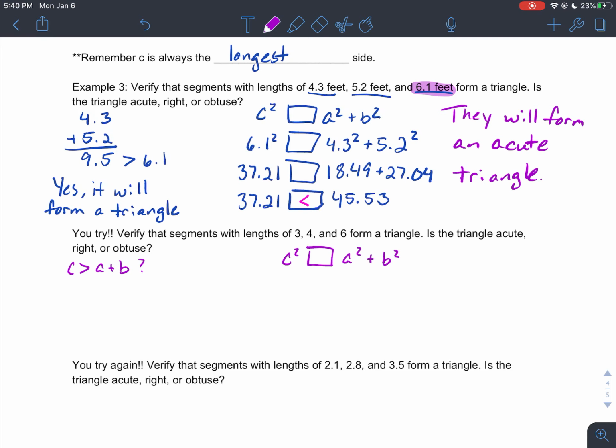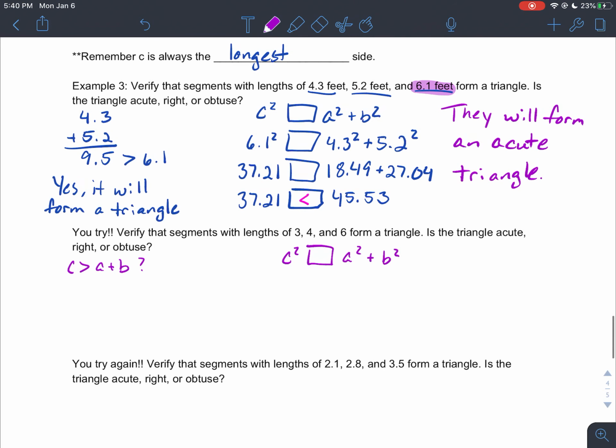So, first question is 3 plus 4. Well, 3 plus 4 is 7. 7 is greater than 6, so yes, it will form a triangle. Okay. Then the second question, what type of triangle? So I'm going to use 6 as my c.